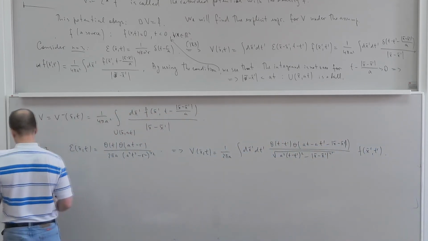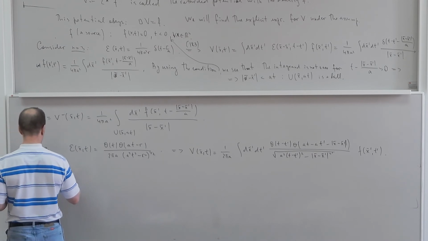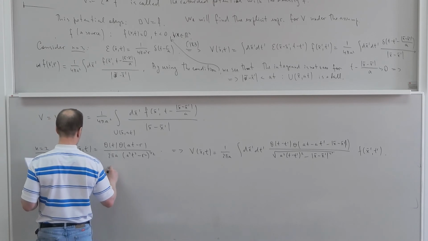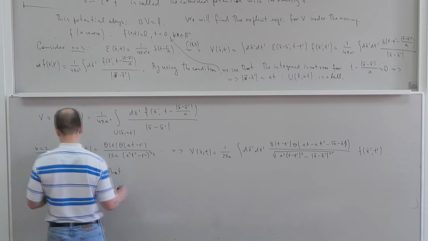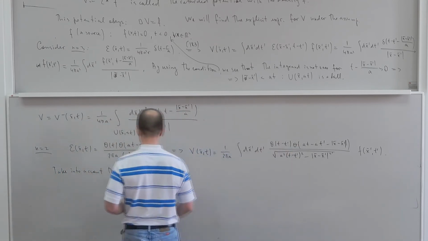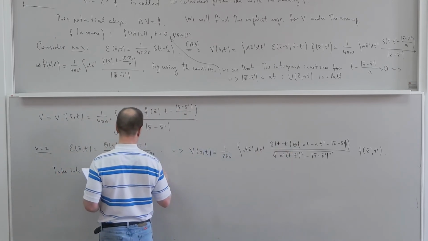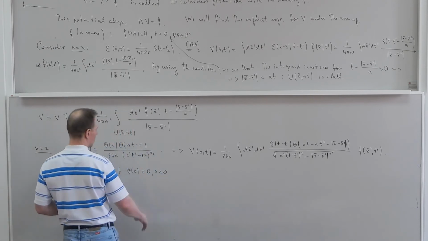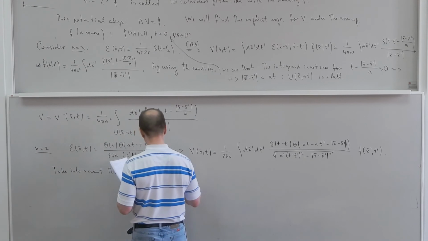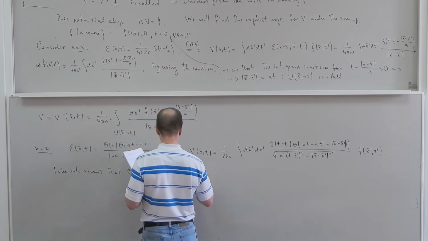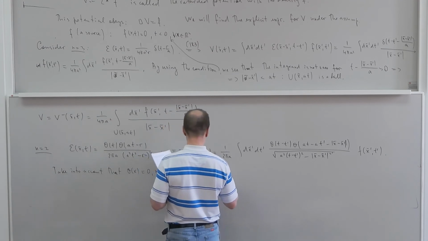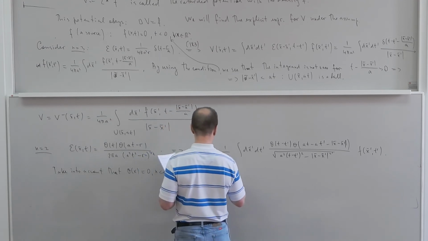Now we take into account these theta functions, and the fact that they are zero when their argument is less than zero. This leads to the following inequalities.